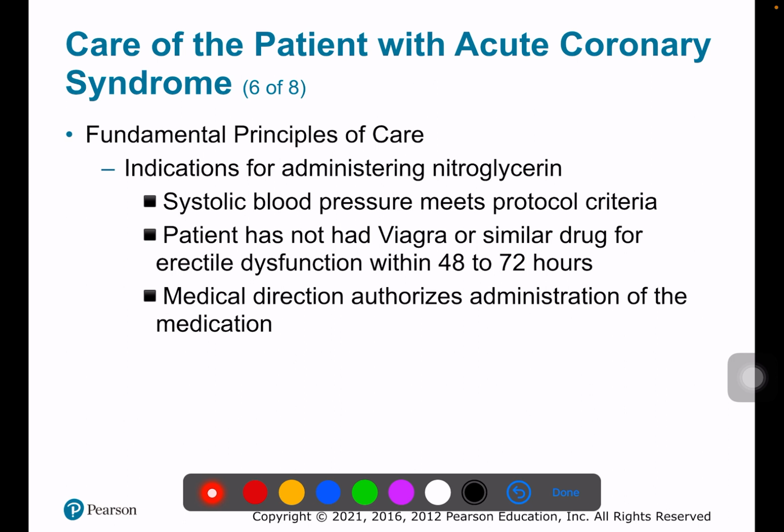You're going to lower their blood pressure. So the main thing is you do not want to lower their blood pressure any more, so you've got to look at protocols. One of the protocols to follow is if their systolic blood pressure is 90 or below, I'm not going to give or consider giving nitro.